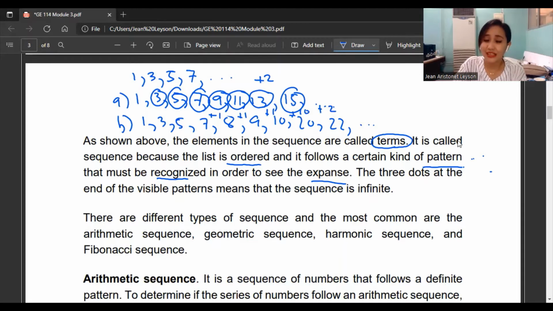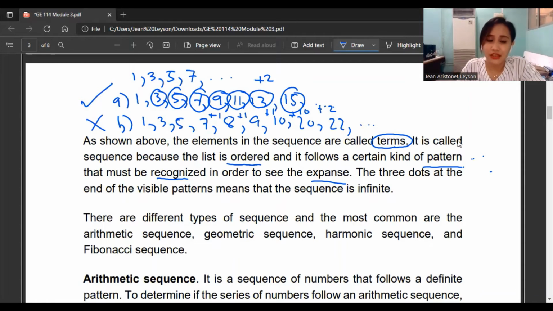So that cannot be called a pattern anymore because it doesn't hold true for all the numbers. Whatever the pattern or the rule is, it should hold true for all numbers in our sequence. Therefore, the first set can be considered a sequence. The second set is not a sequence.